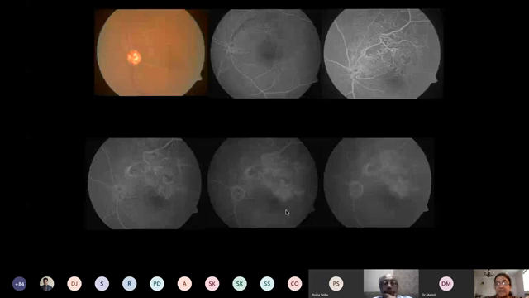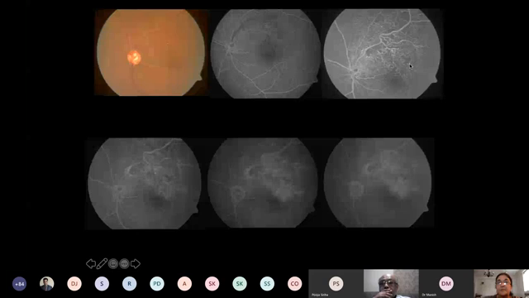Now, if we were to talk of the hypofluorescence, what kind of hypofluorescence am I dealing with? A blocked hypofluorescence, or a hypofluorescence secondary to capillary non-perfusion? How can I differentiate? I'll compare it with my color photograph. I see no lesion over here, no hyperpigmentation, no blood which could have blocked my choroidal flush in this area, but I still see a dark area.